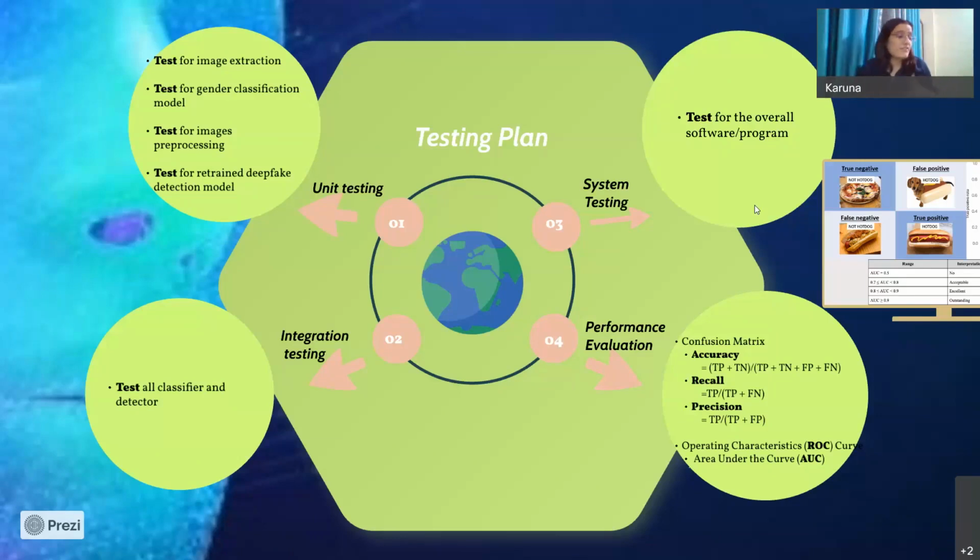Since we are dealing with fake content, we have to identify the false ones correctly. When you have to identify the false ones correctly, we will go with the F1 score. As I said in the previous slide, the F1 score is something we will be looking for. The higher the value of your F1 score, the better the model is at detecting deepfake content.